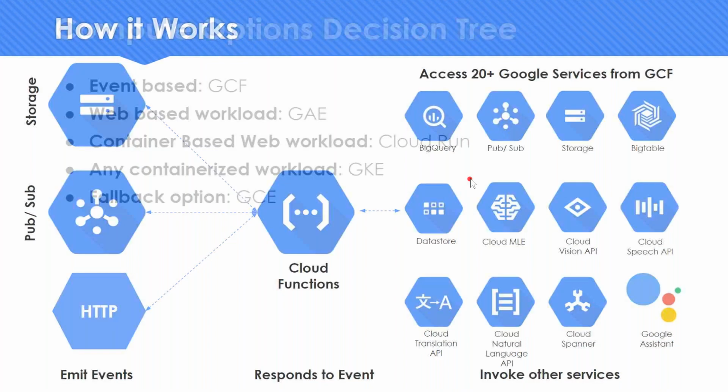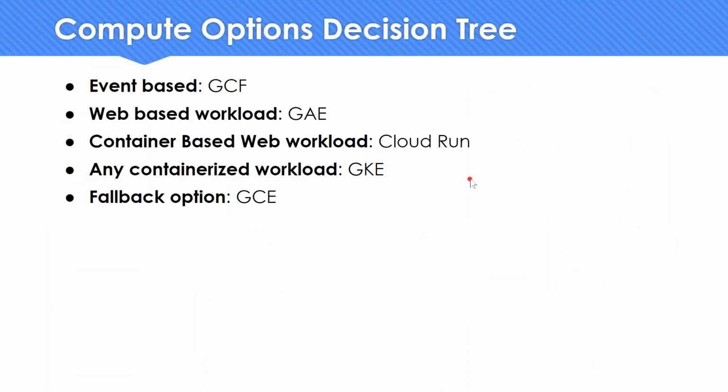So a small tip: if it's event driven, go with GCF, Cloud Functions. Web-based workload, GAE. Container-based web workload, Cloud Run. Any containerized workload, database, batch script, CI/CD process, or a web application, anything which is containerized, go with GKE.